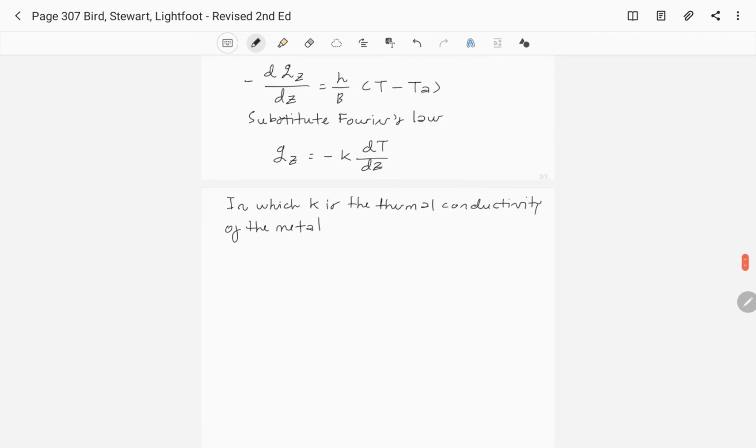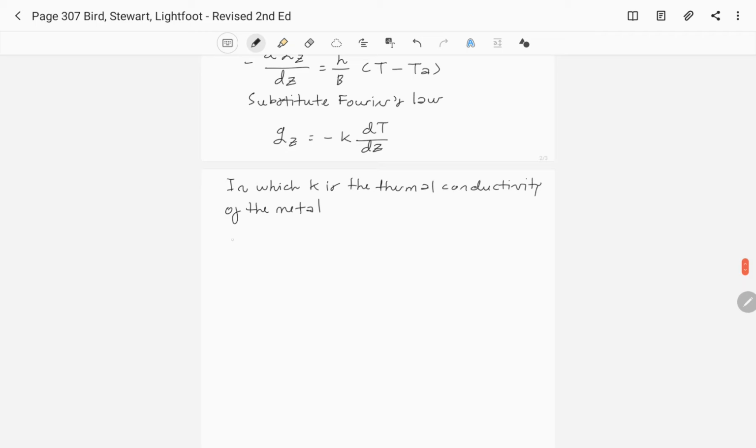Okay, if we do that, then we can get minus K dT over dz is equal to H over B times T minus TA.